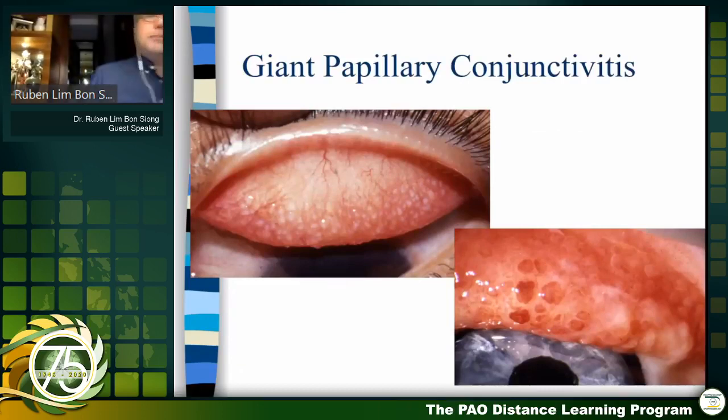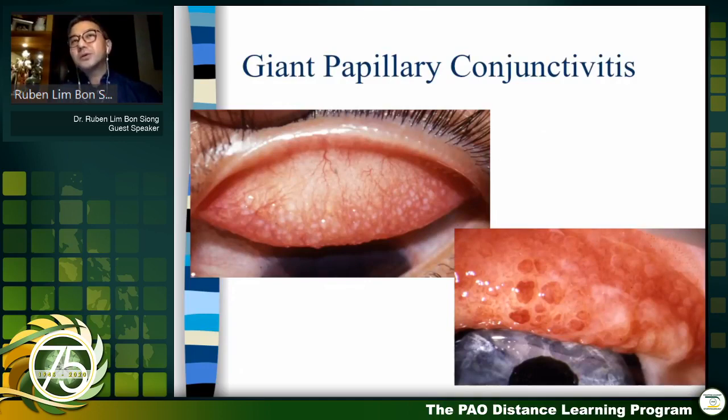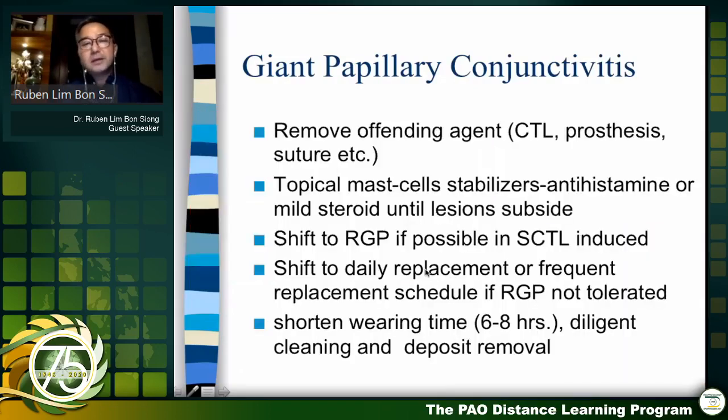So GPC might be a bit difficult for teleophthalmology unless they're able to flip the upper lid, because usually the lesions are in the upper palpebral conjunctiva, and the causes are usually on the ocular surface, like your soft contact lenses, exposed suture, ocular prostheses, etc. So if you suspect it's a GPC, they have to come in.